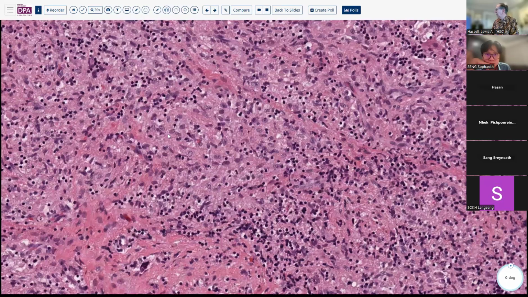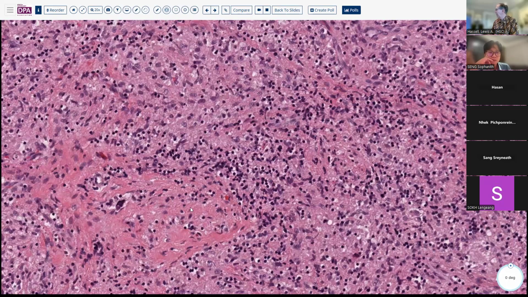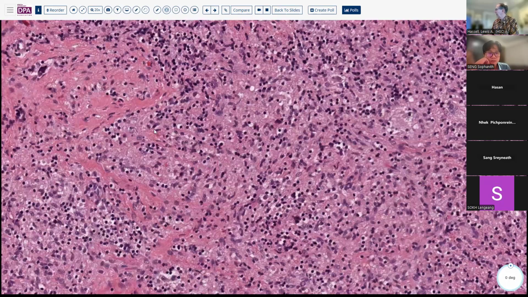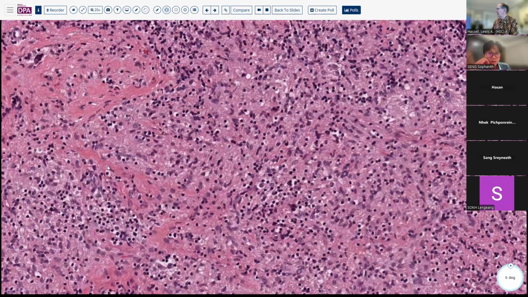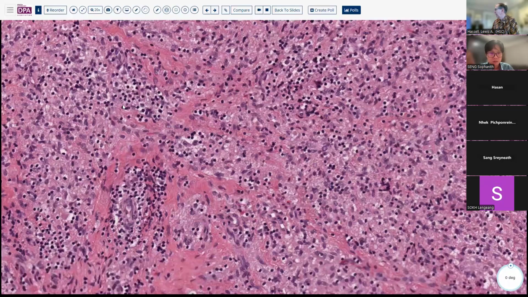There are some admixed lymphocytes in here. A few eosinophils can be identified. As we look a little further, it has a little bit of a collagenous appearance to it, maybe developing that. And there may be some plasma cells. I can't go to any higher magnification here, but I think some of these cells were also plasmacytoid.